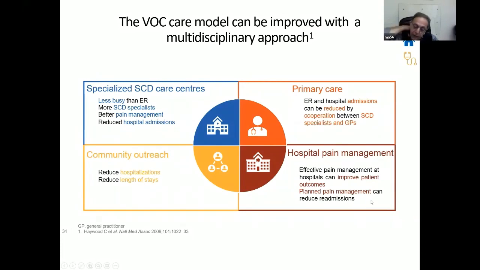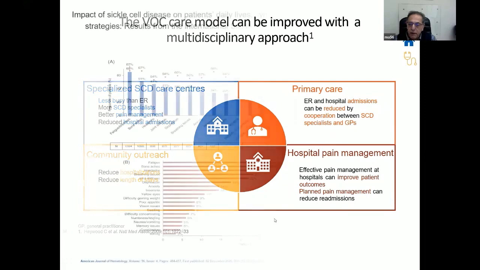And this entails having in the hospital a specialized pain management team that understands sickle cell disease and sees the patients in a timely manner. Also, this whole group can develop guidelines for use in the ED or as outpatient for the management of pain crisis.